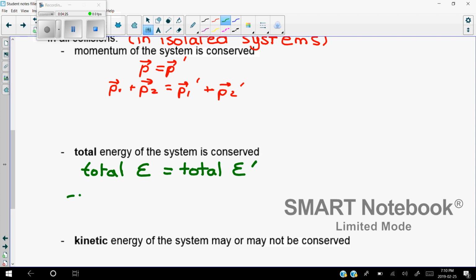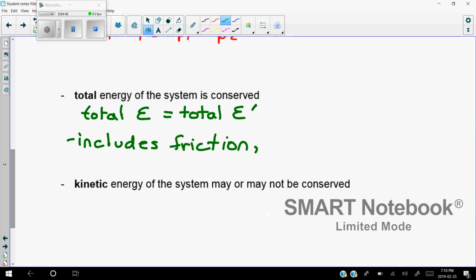This includes friction, as well as any energy that might be lost to sound, or maybe light energy.